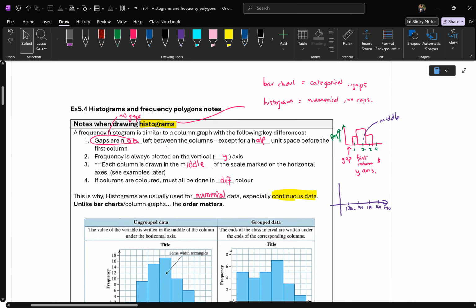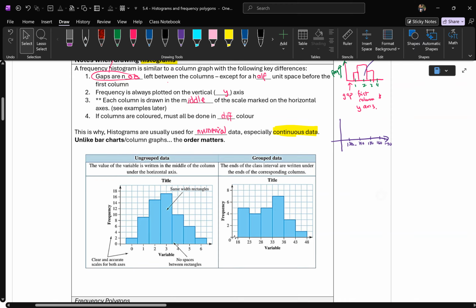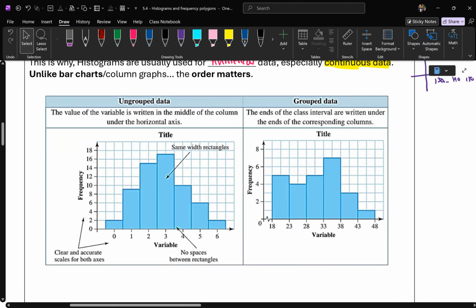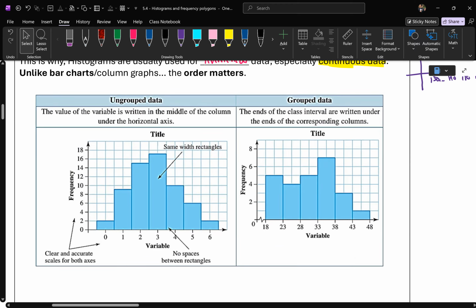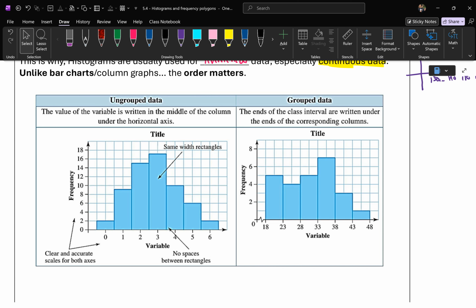All right. So here are two examples that you see for year 11s and year 12s. You will be learning to sketch both. It's called grouped versus ungrouped. Another way of thinking about it is you can have them in intervals, say 18 to 23, 23 to 28, 28 to 33, or they could be segregated. Numerical data can be discrete or continuous.